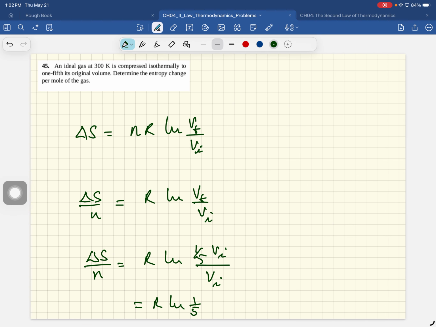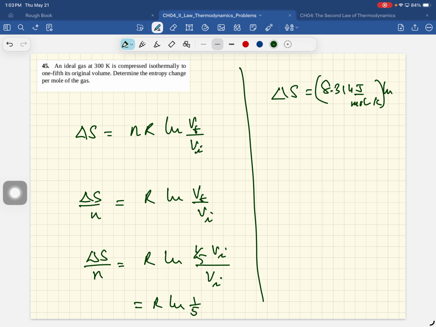We'll convert that to joules in a second. 373 degrees Kelvin. 1 calorie is 4.186 joules.